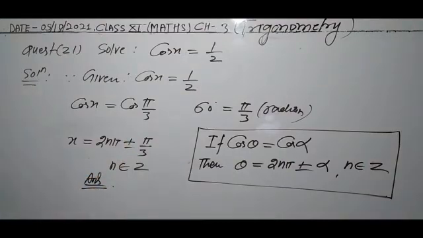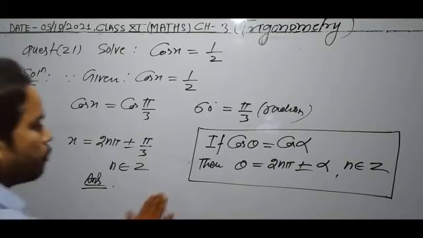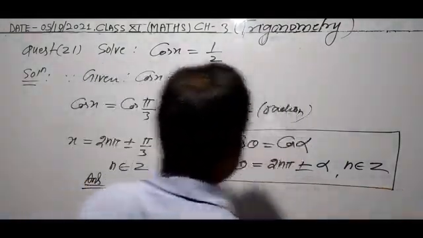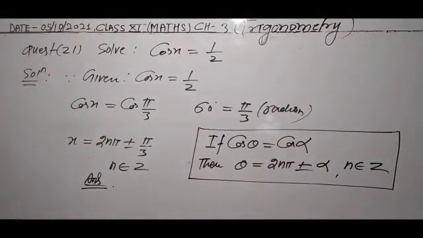Now again you can see this question. Cos x is given as 1 by 2. So 1 by 2 in cos gives pi by 3.